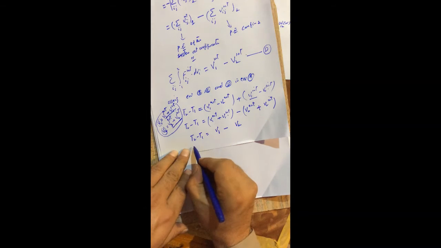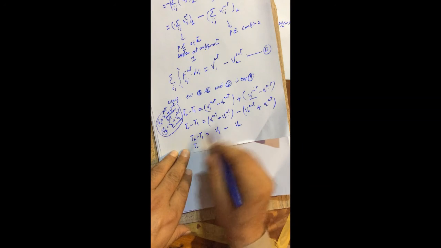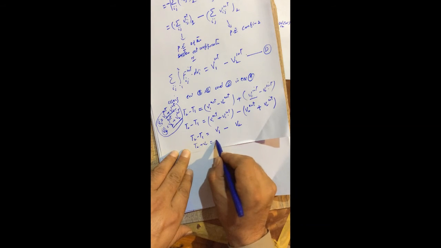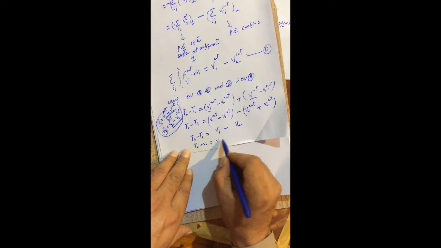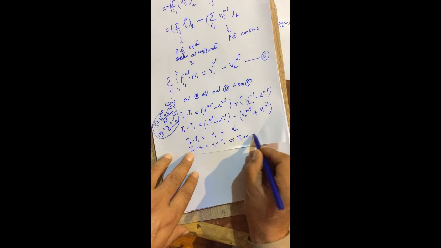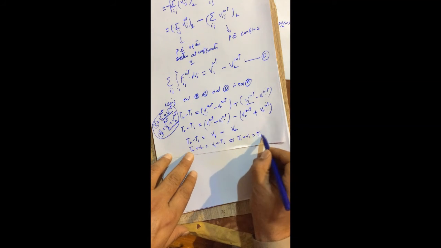So we have this T2. I bring V2 to this side, so this will be V2. Now here we have V1, I'll bring this T1 to this side, so we have plus T1. This can be written like this. I write this term first, which is T1 plus V1, which is equal to T2 plus V2. What does it mean?